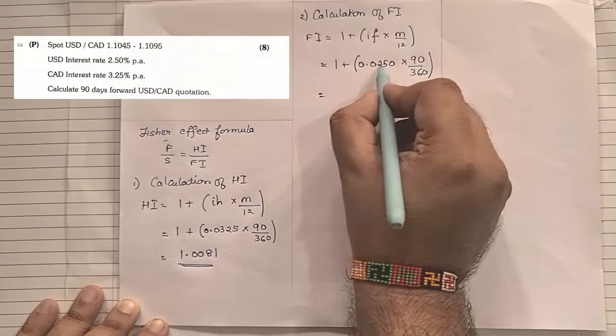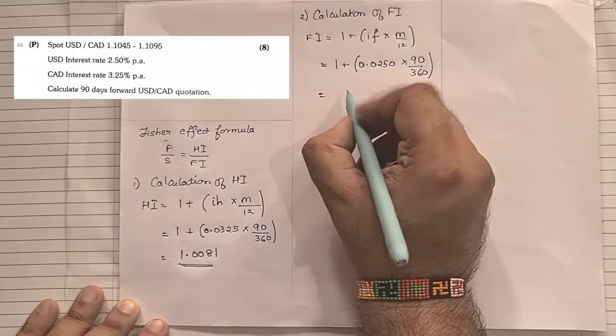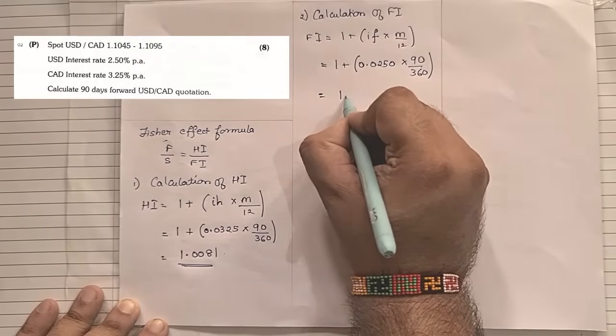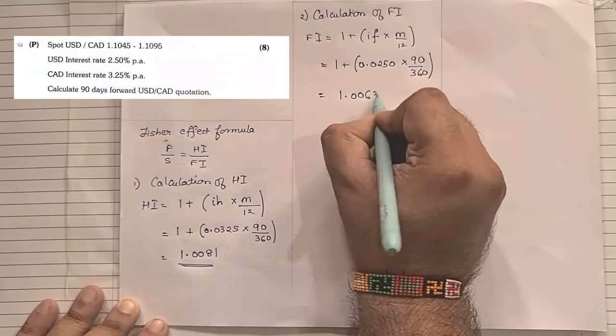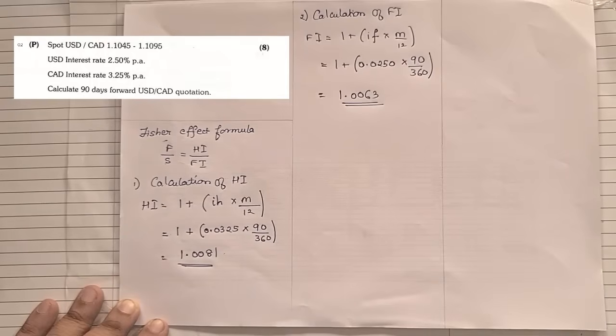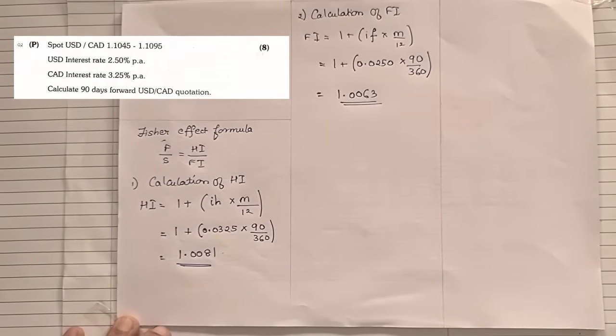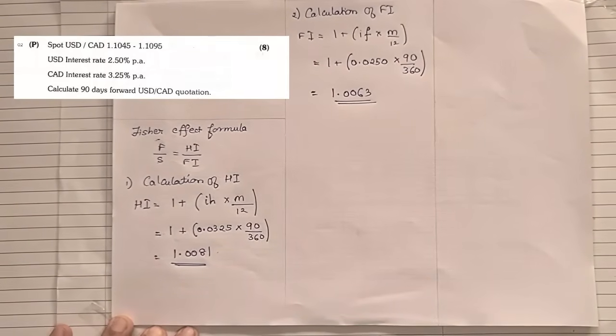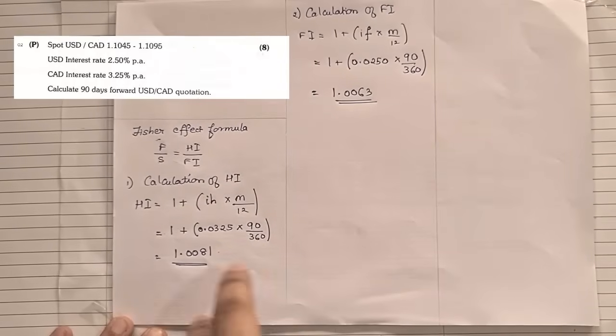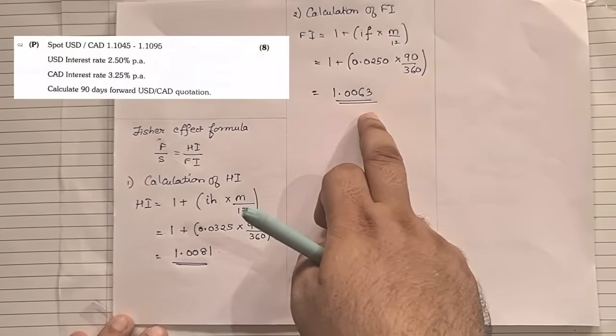Okay, again we will divide, multiply and add it with 1. We should get the value as 1.0063. Okay, now we have found basically the HI and FI.